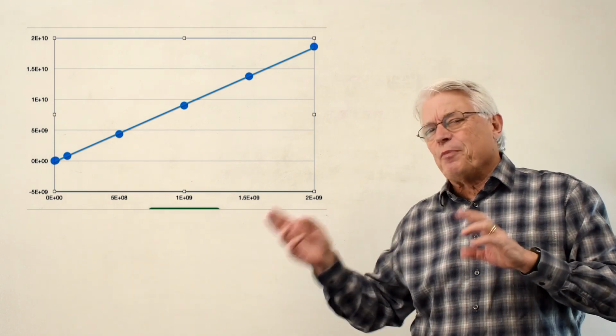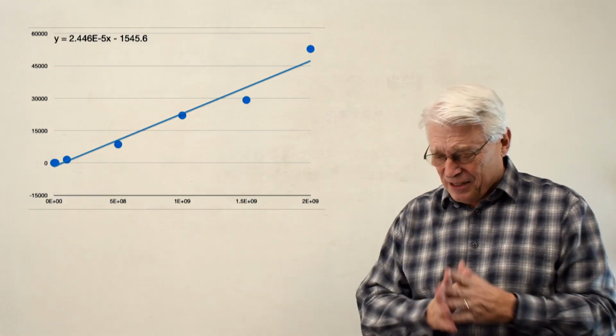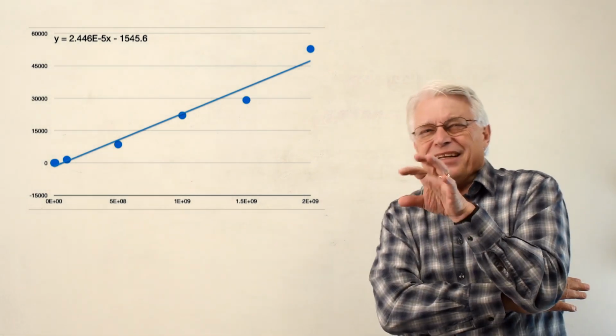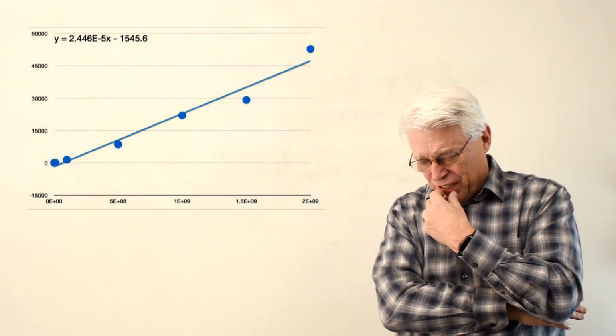And so let's change back to the graph of milliseconds versus n for our algorithm. You see the formula at the top, that's the linear fit formula that was calculated for me by the spreadsheet I was using.